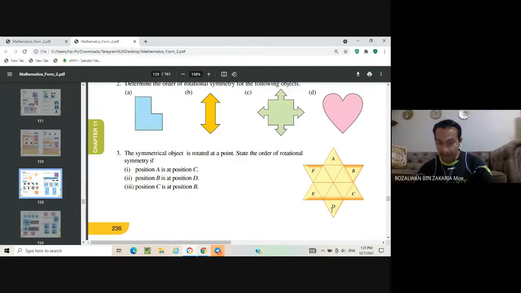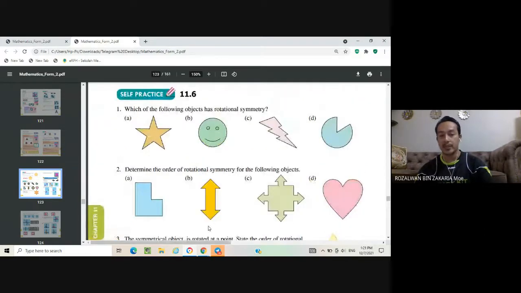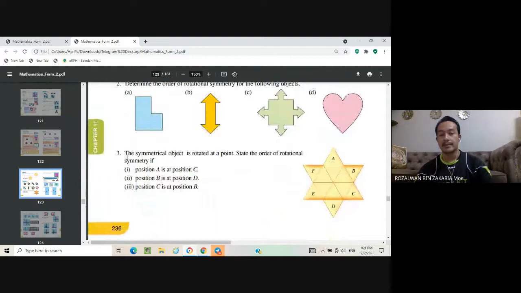C to D, first order. D to E, second order. E to F, third order. F to A, fourth order. A to B, fifth order. And B to C is sixth order. So the answer is the order of 6, or sixth order. That's the answer for self practice 11.6, question 3.